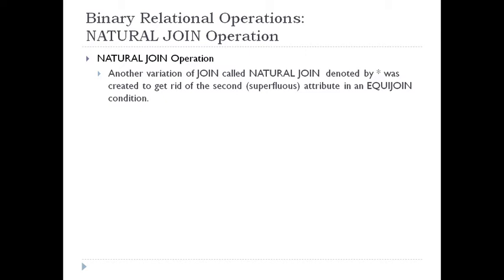For example, department number: in one relation you have named the attribute as DNO, and in another relation you have used the attribute name DNUM. Now, when you take the join, you write DNO equal to DNUM. In the result, you will have the DNO column and DNUM also.